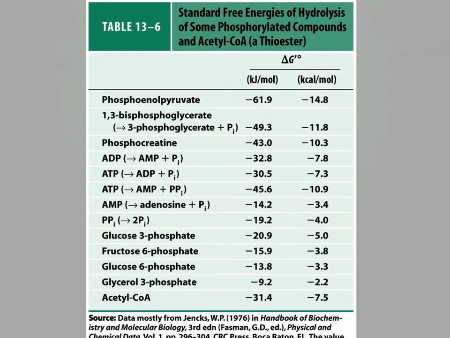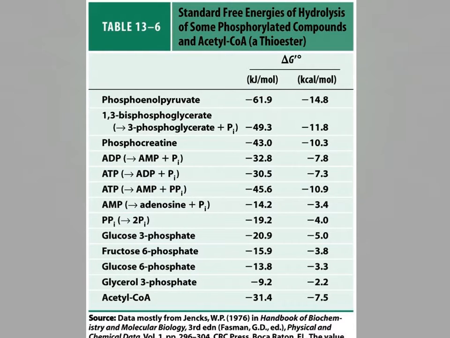And phosphocreatine, and BPG is what 1,3-bisphosphoglycerate is often called. You can see ATP with the various ways that it can be hydrolyzed. The PPi is inorganic pyrophosphate becoming inorganic phosphate, and it also gives off energy. You can see that. Okay. And then this one down here is actually a thioester, the last one.